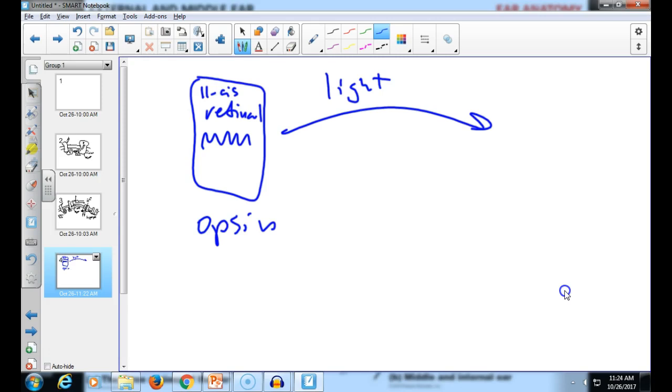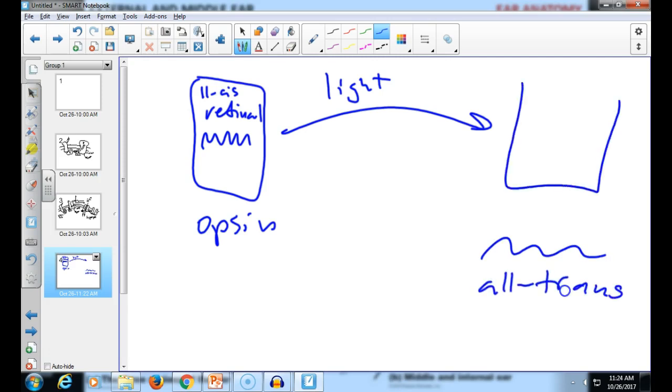When there is light, what happens to 11 cis retinal? It becomes all trans and separates from opsin. So that idea makes sense.